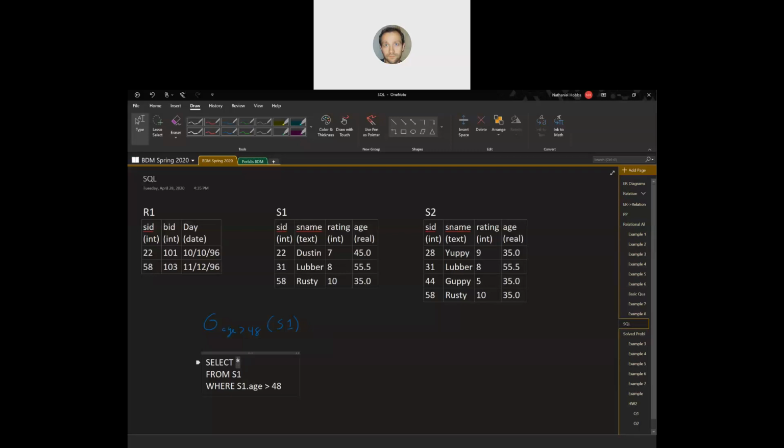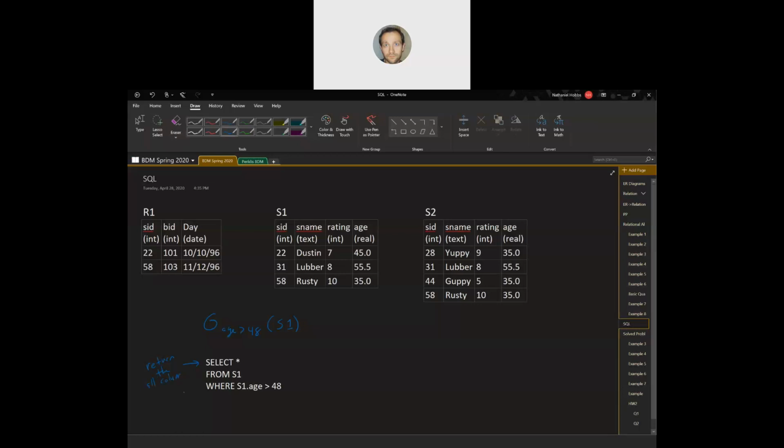A star means sort of a blank space for as many characters as you want, or just everything. This select star means return all columns.